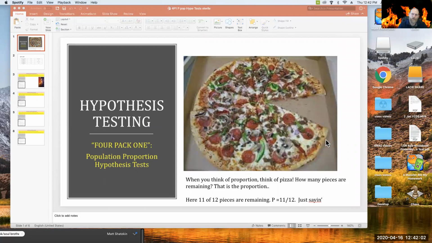If we were to ask how many pieces of pizza are left, obviously there's not the whole pizza there. Well, we have 11 pieces out of 12. So p is 11 divided by 12, whatever that is. Pretty close to 100%, but it's not 100%. It's like 0.9 something.